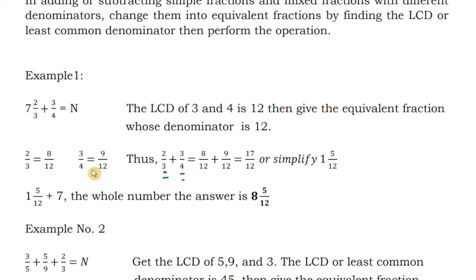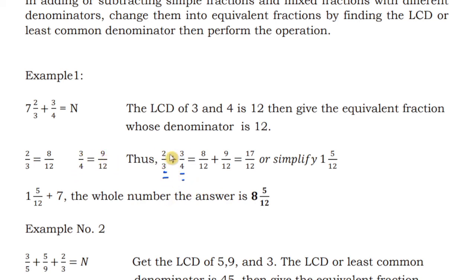The LCD previously is 12 when we have 3 and 4 as our denominators. So 12 divided by 3, 4 times 2 is 8. Then 12 divided by 4, 3 times 3, 9.